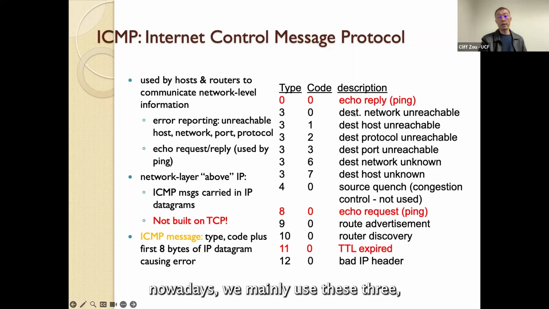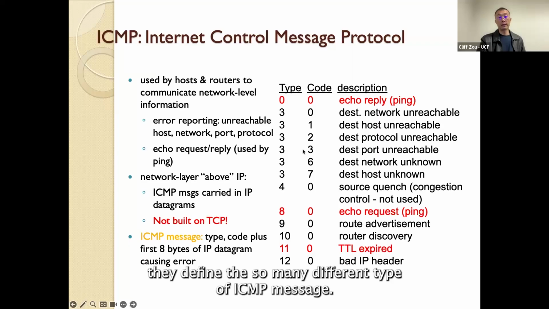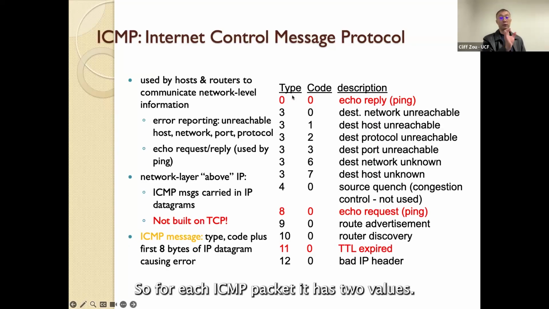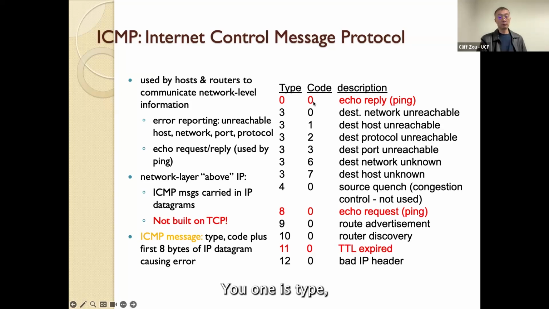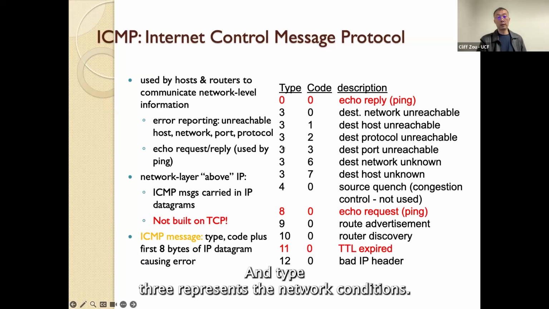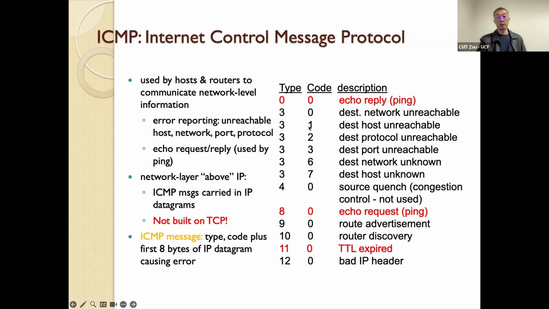Nowadays, we mainly use these three types of ICMP packet. In the original definition, ICMP defined many different types of ICMP message. Each ICMP packet has two value fields: one is type, another is code. Type 3 represents the network conditions, and a different code represents a different error situation for the network condition.